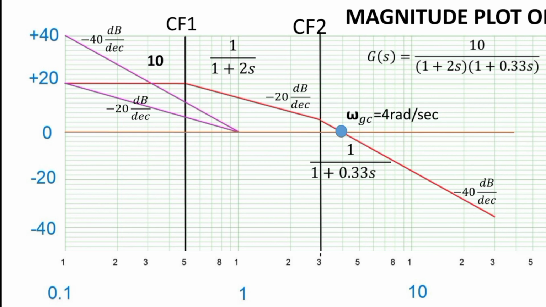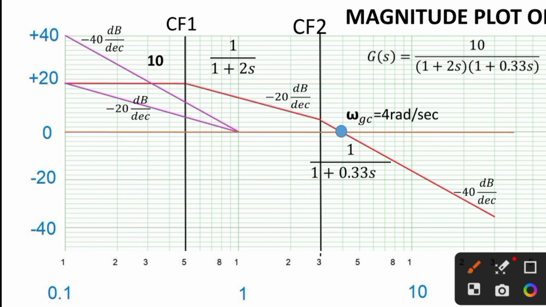Thus we have completed the magnitude plot of the given transfer function G(s) equal to 10 divided by (1 plus 2s) multiplied by (1 plus 0.33s).